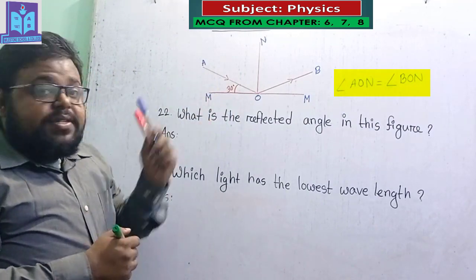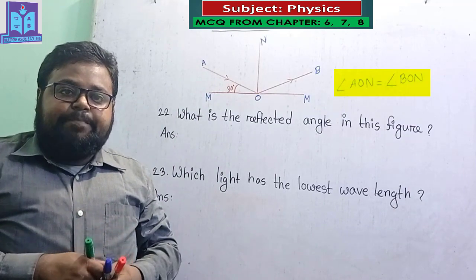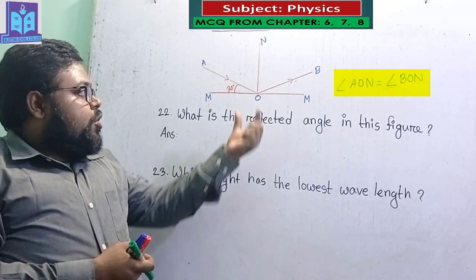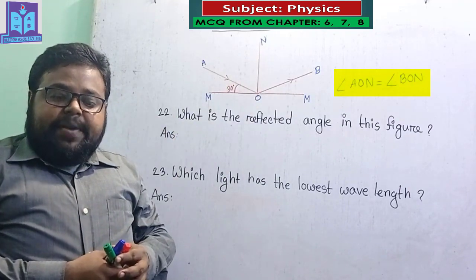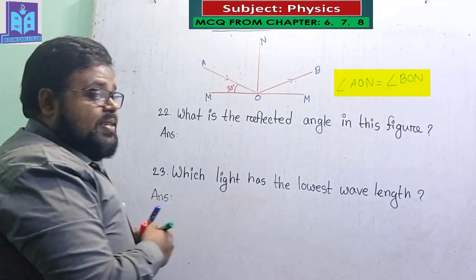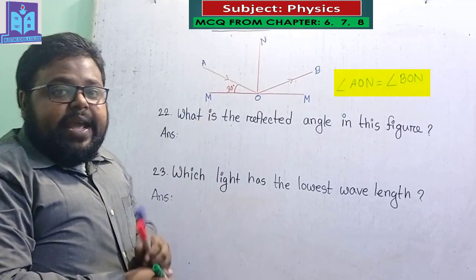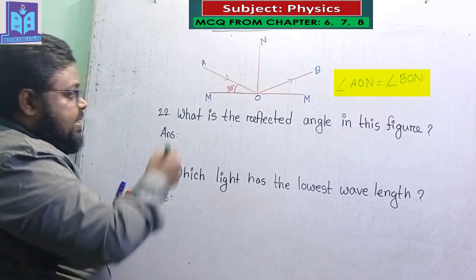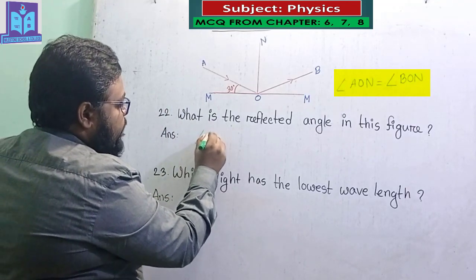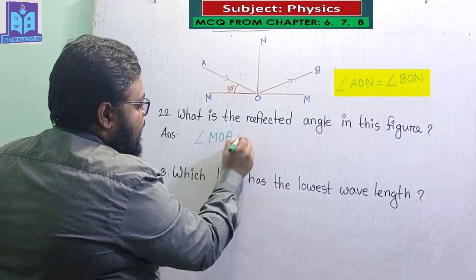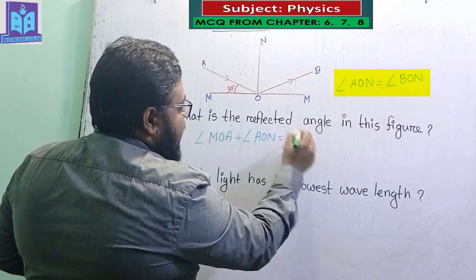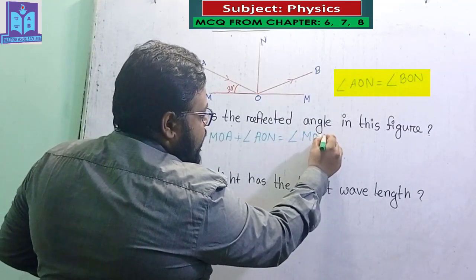Here you can see that this 30-degree angle is not the incident angle, because if we want to measure the incident angle, we have to consider the normal. Okay, that means with respect to the normal, we have to find the incident angle. Here you can see that this angle MON is 90 degrees. That means angle MOA plus angle AON equals angle MON.